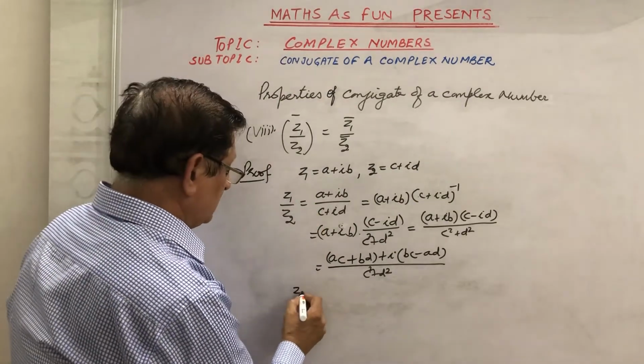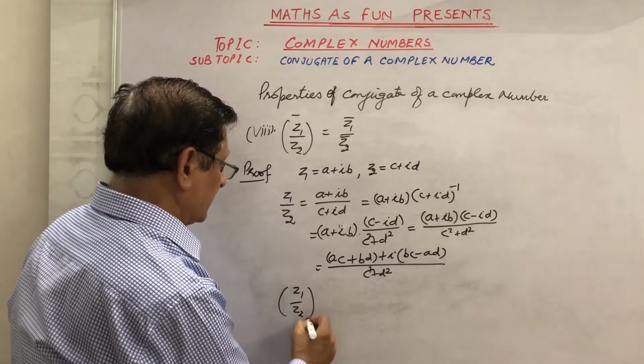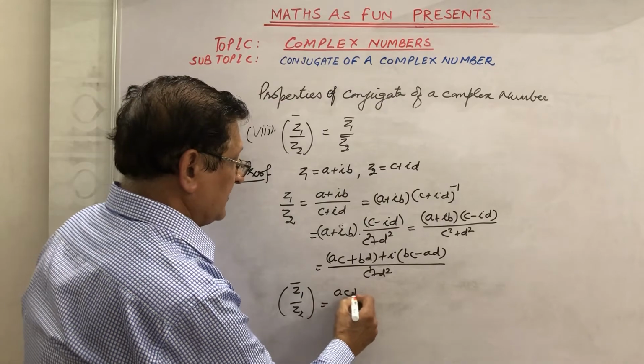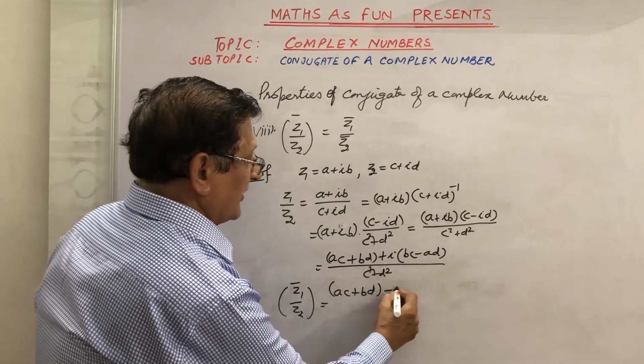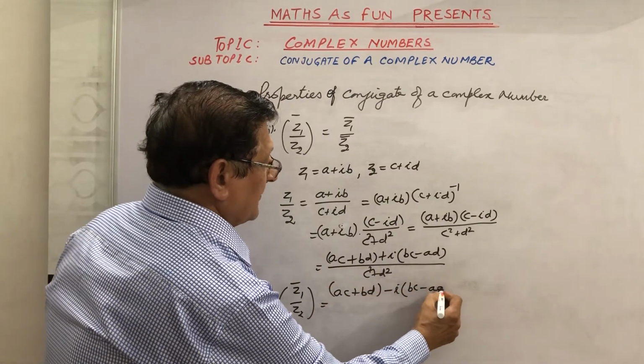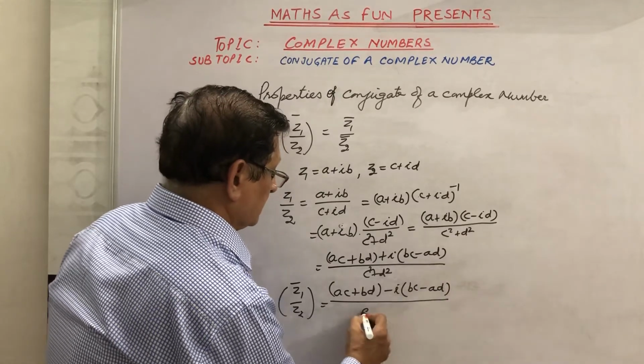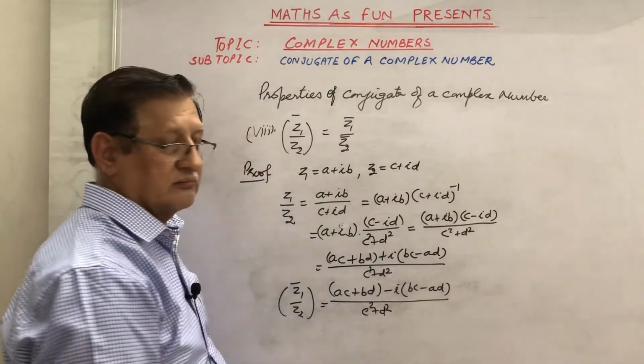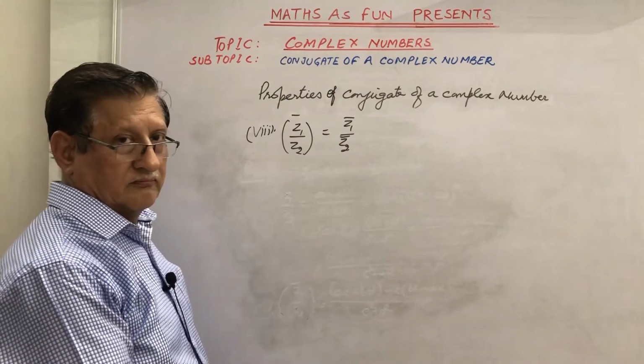If we find the conjugate of this z1 upon z2, that will be ac plus bd minus i(bc minus ad) upon c square plus d square.